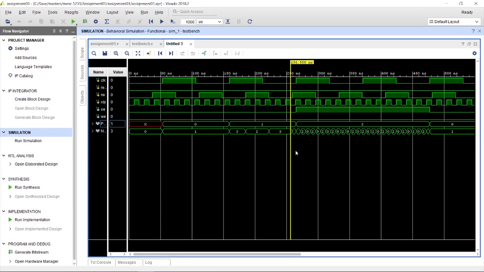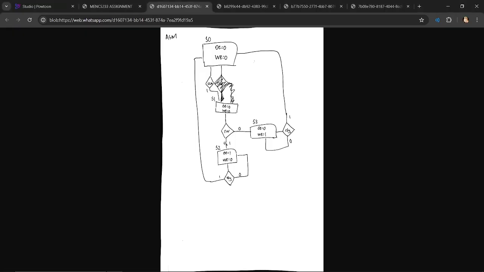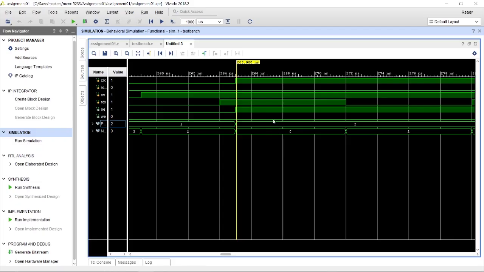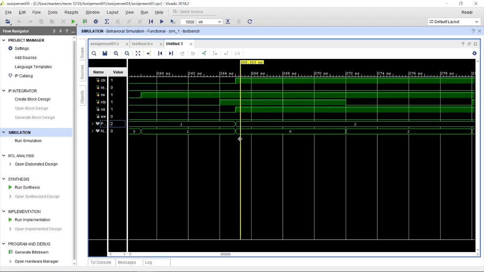Let's try to find state 2. Zoom in a little bit. Okay, so here is state 2. Let's look at our S2. It will look at RDY 0 or RDY 1. Here our RDY is 1, which means it will go back to S0. Now here we go back to S0.